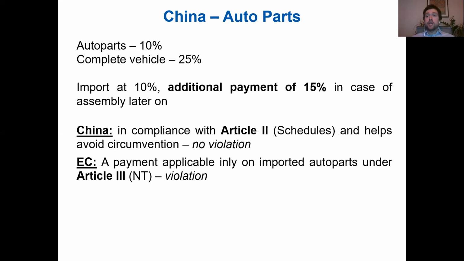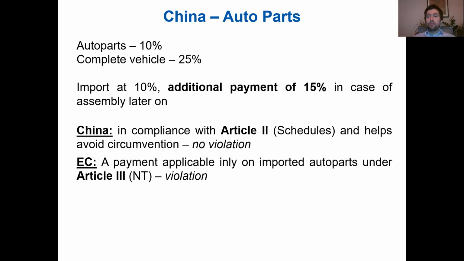They say, guys, we are not really now talking of anything that happens at the border. The question is that you are taxing us additionally. Your domestic components, when being assembled into a finished car, are not subject to this additional payment of 15% of the value of the car. So as long as your domestic products don't pay it, you cannot make foreign auto parts like products.